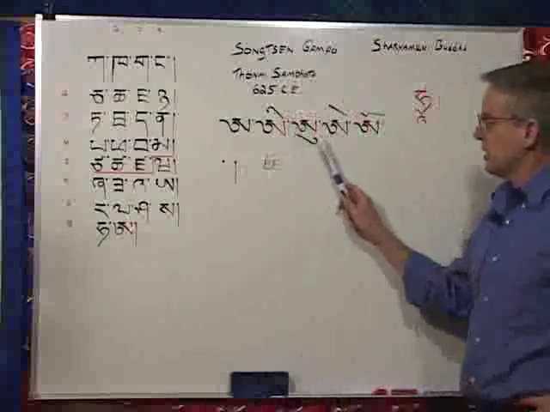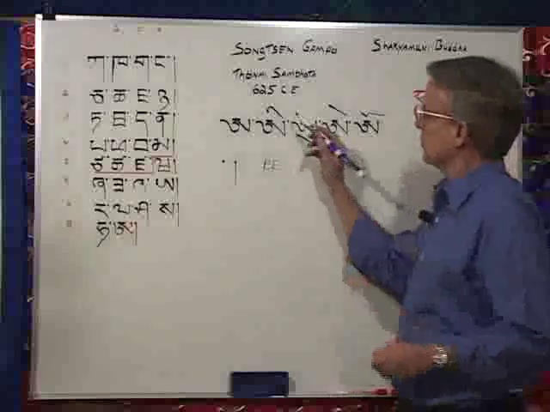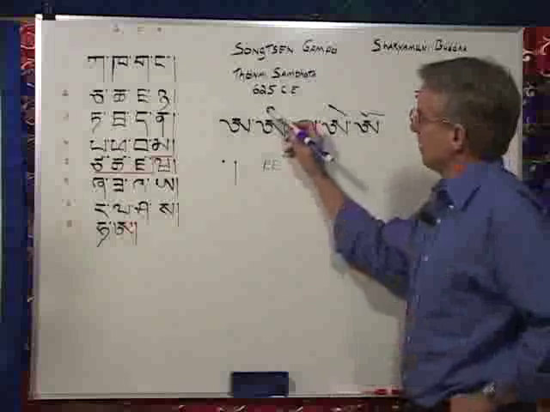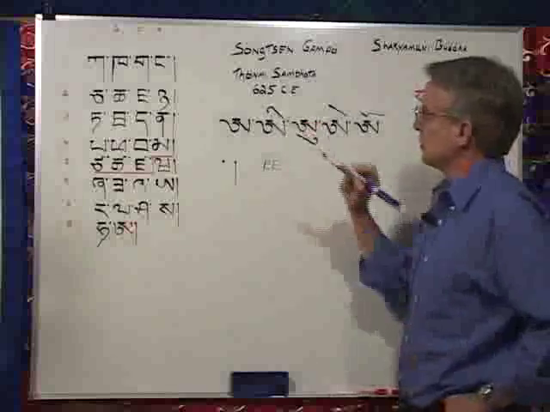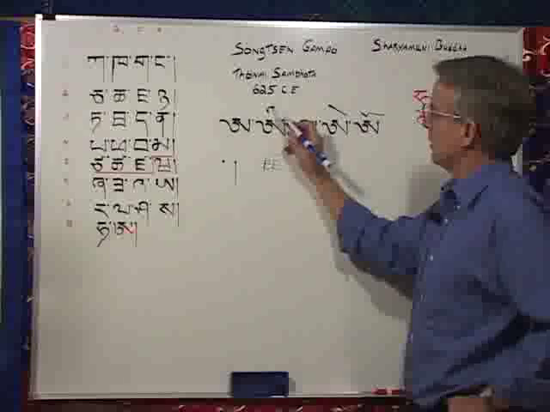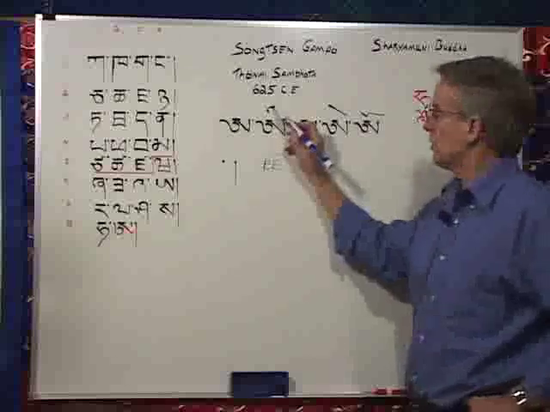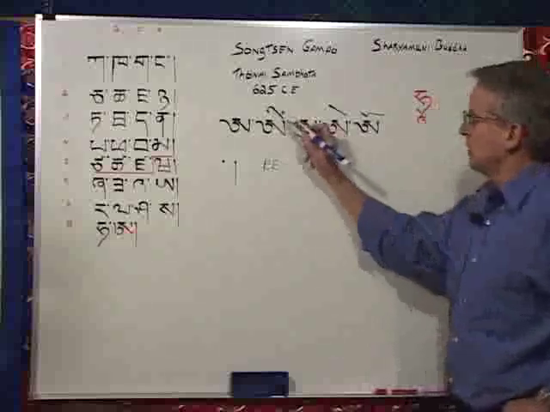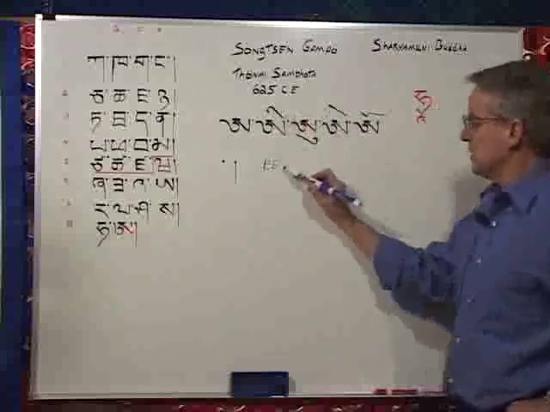The gigu is made by making a counterclockwise hook first, lifting the pen, and then going back and making a stroke that goes from thick to thin, top right to bottom left. The gigu then gives us the E sound.